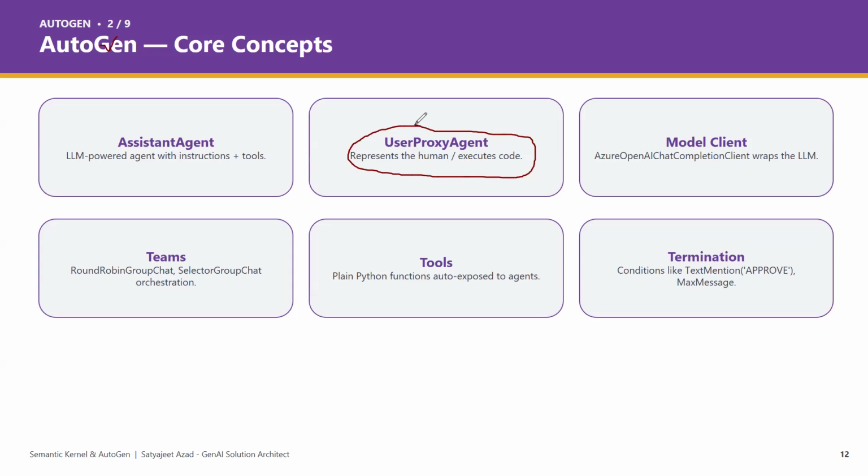Then I'll talk about tools. You can create some native functions that AutoGen can use. Then you have the assistant. It is nothing but an LLM. Teams, that is round robin group chat, selector group chat, orchestration. So it is like a main manager that can orchestrate.